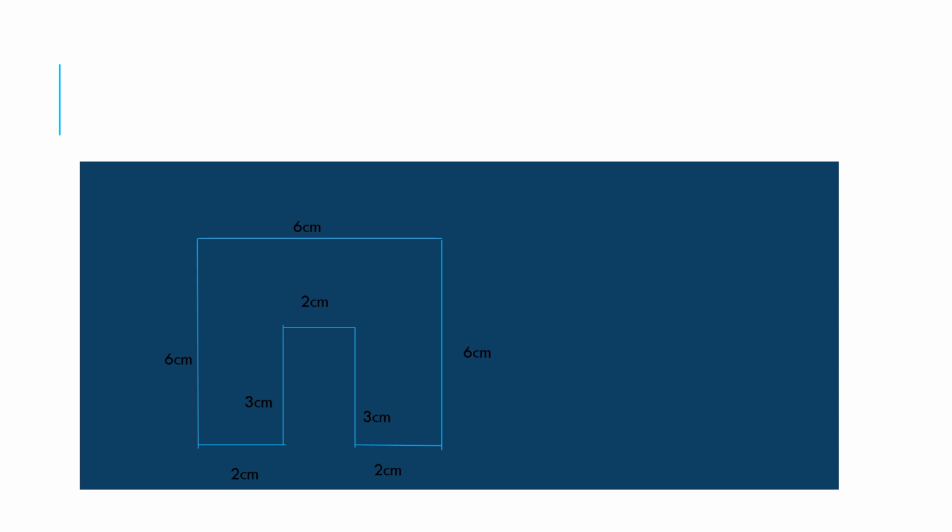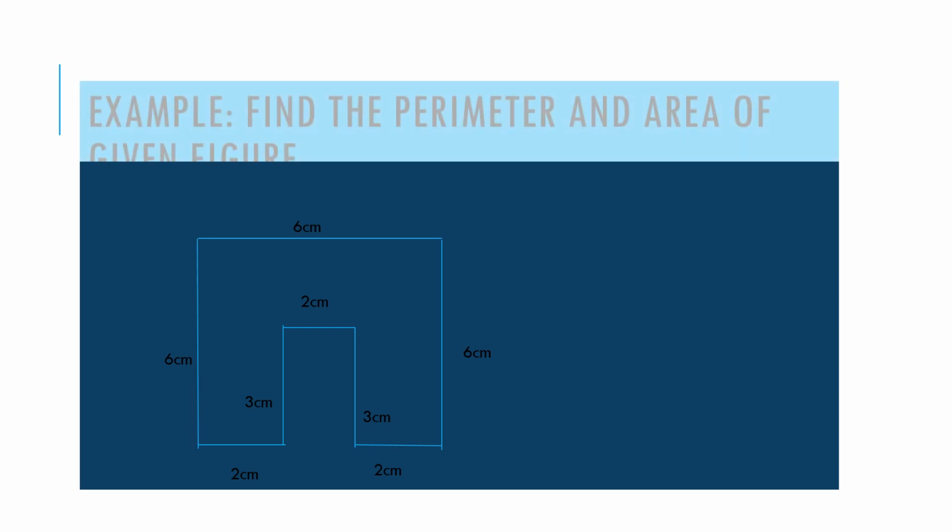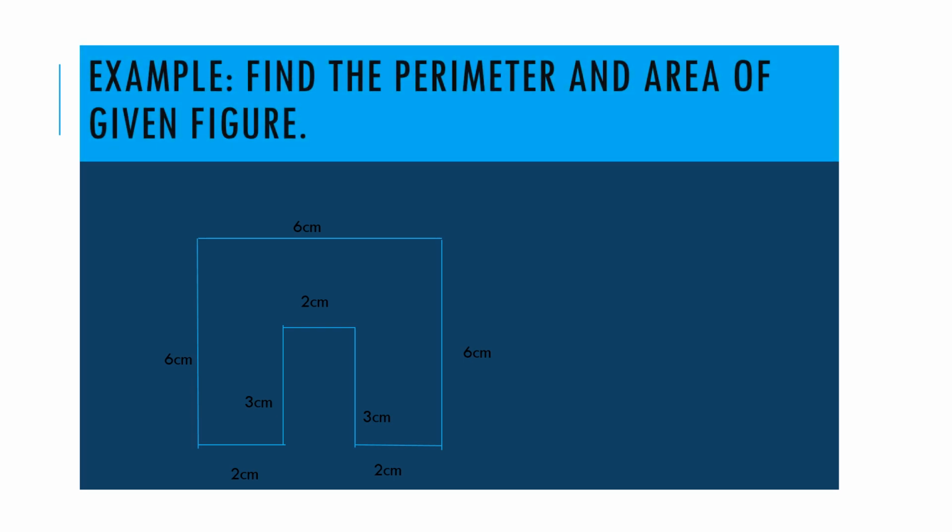All the sides' measurements are given, but you can notice that it is a square having one side of 6 centimeters, and it is a rectangle inside the square having length 3 centimeters and breadth 2 centimeters. You can see here it is a rectangle and it is a square. Now find out the perimeter and area of the given figure.